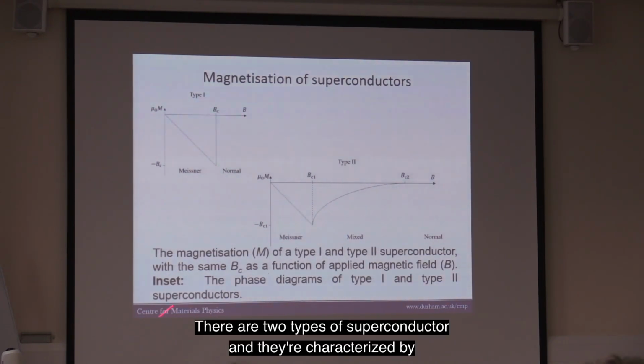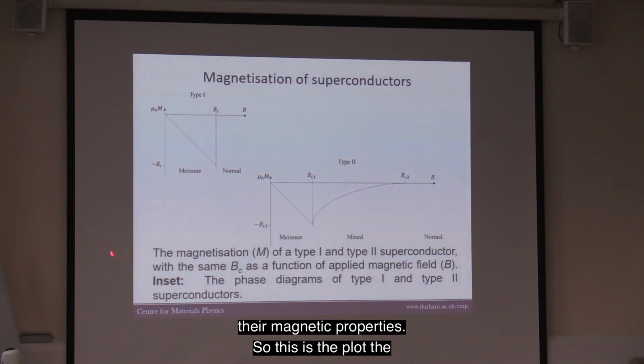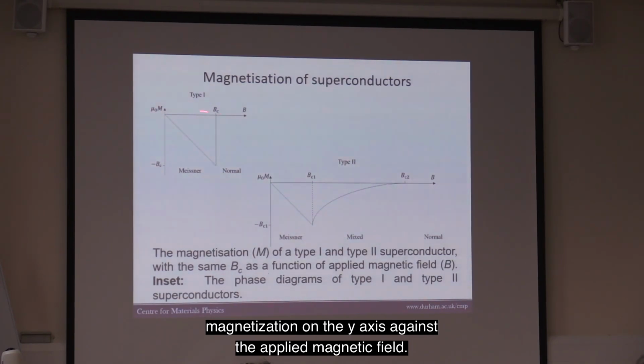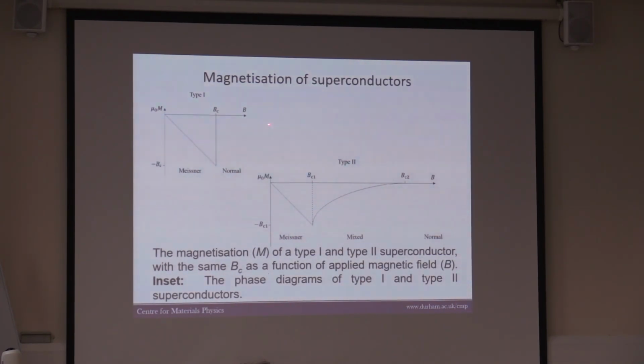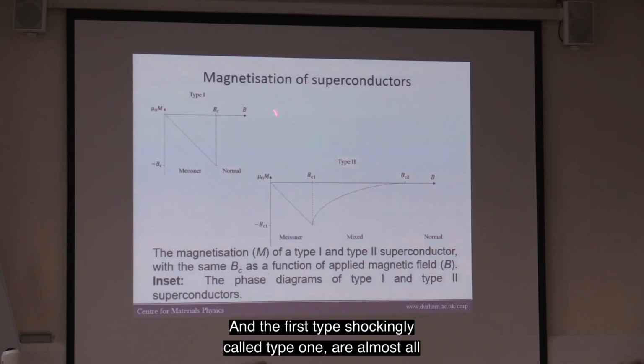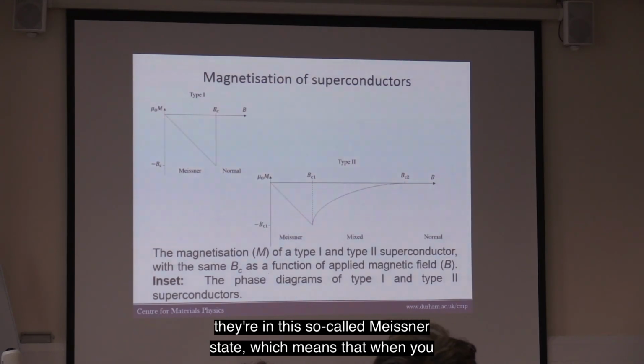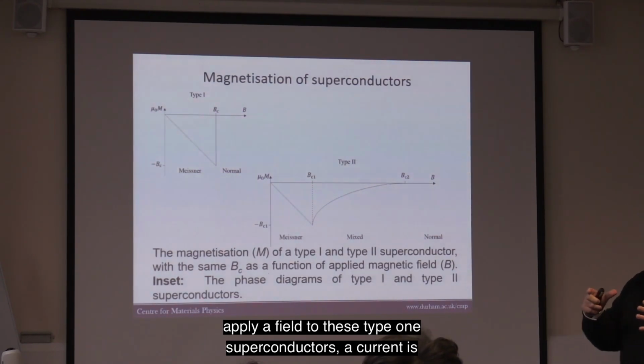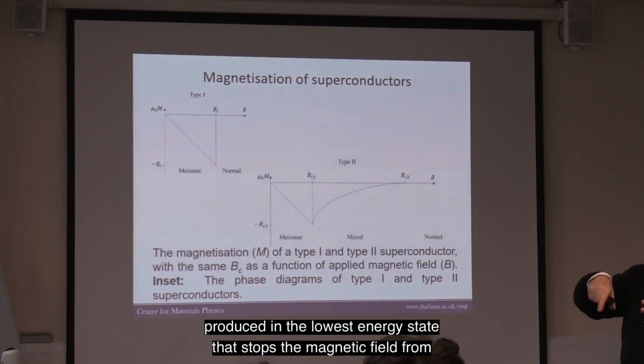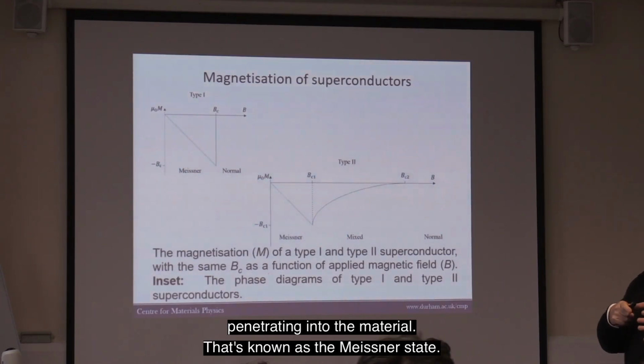There are two types of superconductor, and they're characterized by their magnetic properties. This is a plot of the magnetization on the y-axis against the applied magnetic field. The first type, shockingly called type 1, are almost all elemental superconductors. If you apply a magnetic field, they're in this so-called Meissner state, which means that when you apply a field to these type 1 superconductors, a current is produced in the lowest energy state that stops the magnetic field from penetrating into the material.